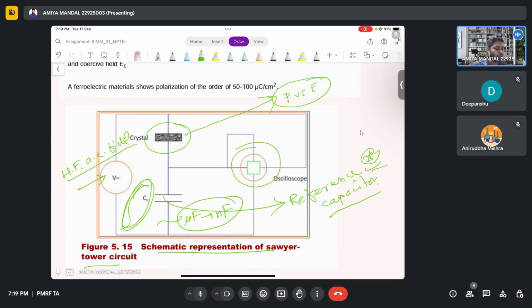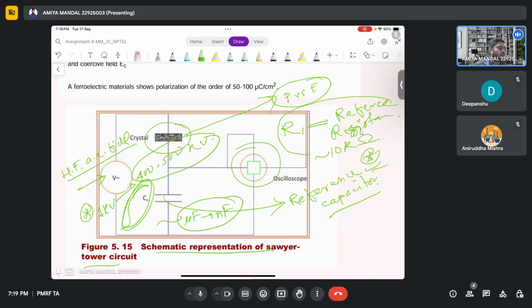Then we apply a constant voltage, from about 1 kilovolt up to some hundreds of kilovolts, and there is also a constant reference resistance of approximately 10 kilo ohm.